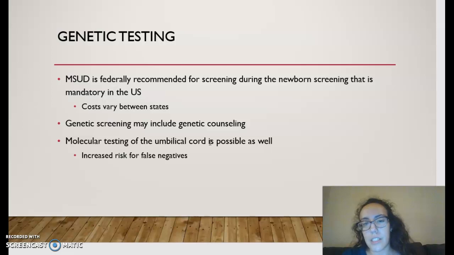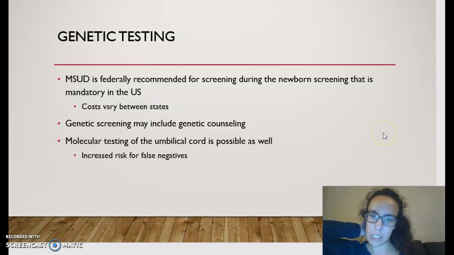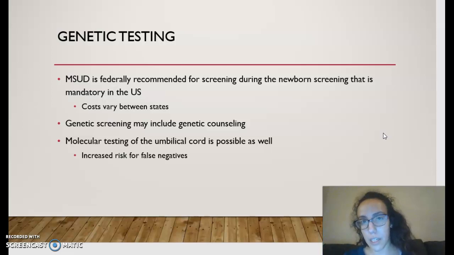Outside of that, genetic screening may include genetic counseling, which looks at a family's pedigree, or molecular testing of the umbilical cord, which pulls blood from the fetus's umbilical cord before birth. The only thing with this is that there's an increased risk for false negatives. This is the same if that newborn screening is done too early; there is also an increased risk for false negatives.